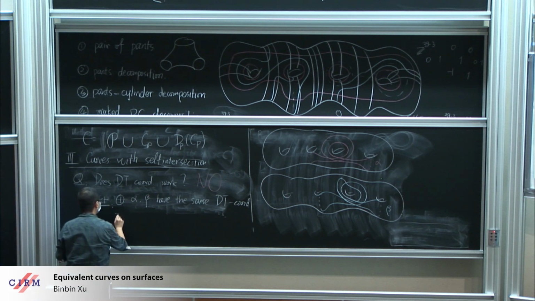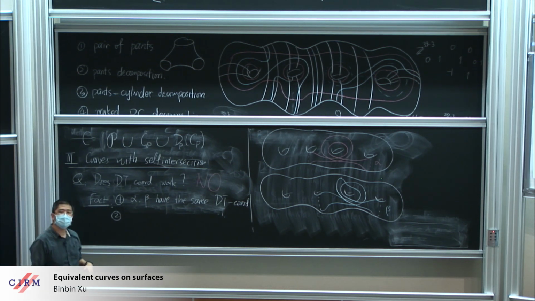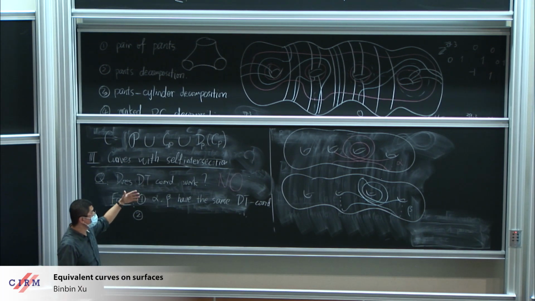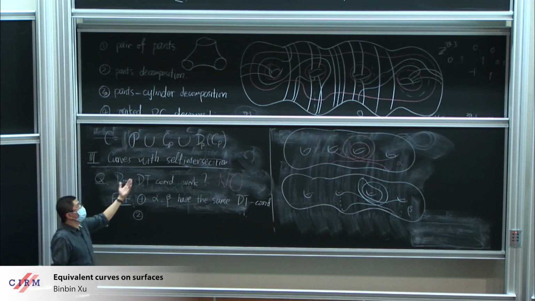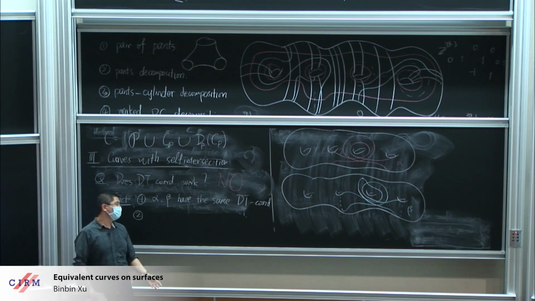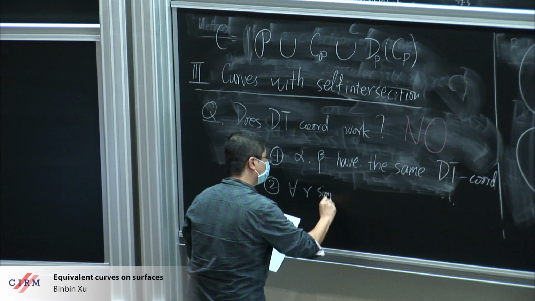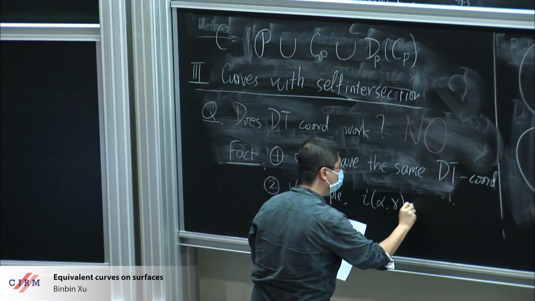And secondly, you can see the coordinate depends on the choice of simple curves, the path decomposition and also the dual graph of the path decomposition. So you may be wondering, what if I change it to another path decomposition? And the answer is still no. In fact, for any simple curve gamma, you can show I(alpha, gamma) equals I(beta, gamma).